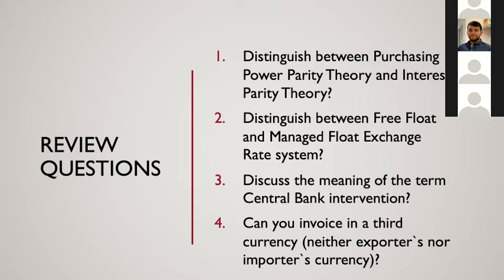Like in the example in the book, the Indian rupee was going down, so the central bank intervened by selling U.S. currency to try to set the rupee's U.S. value higher.